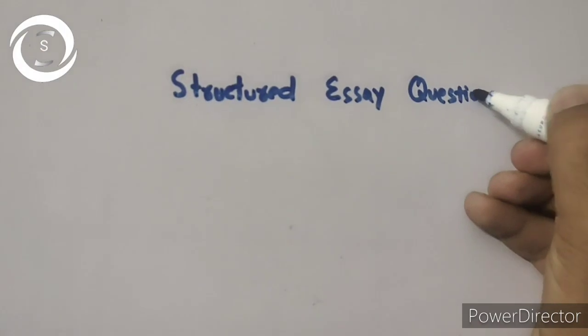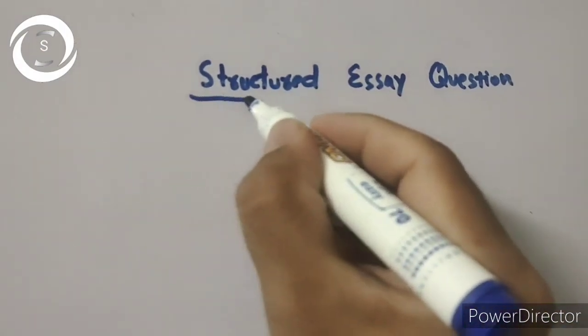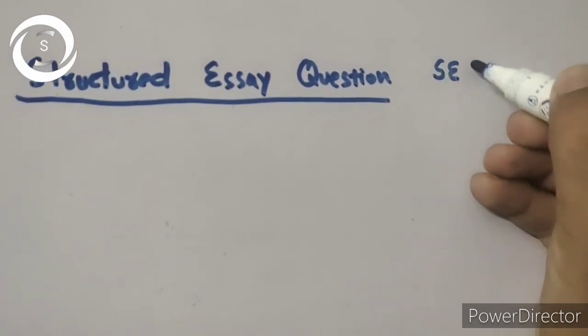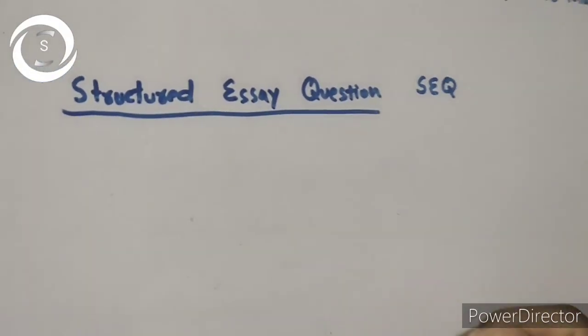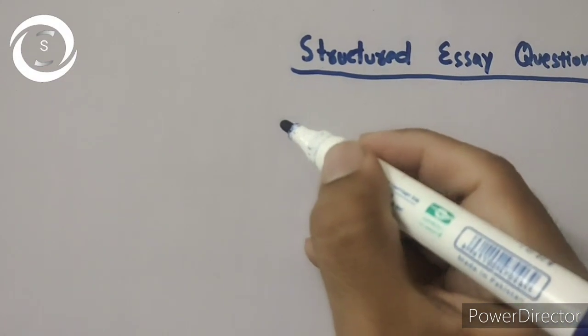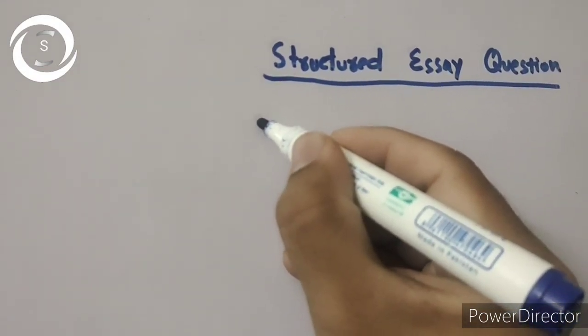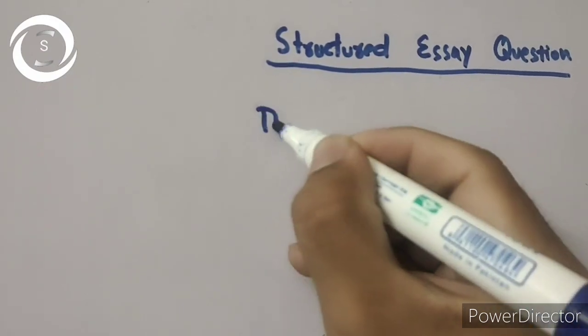So when you divide the same essay question into 2 or 3 parts in the same line, and also divide the marks into 2 or 3 parts, then it becomes a structured essay question.